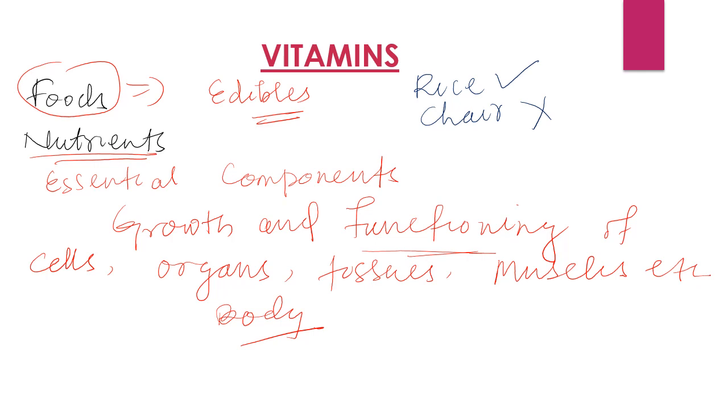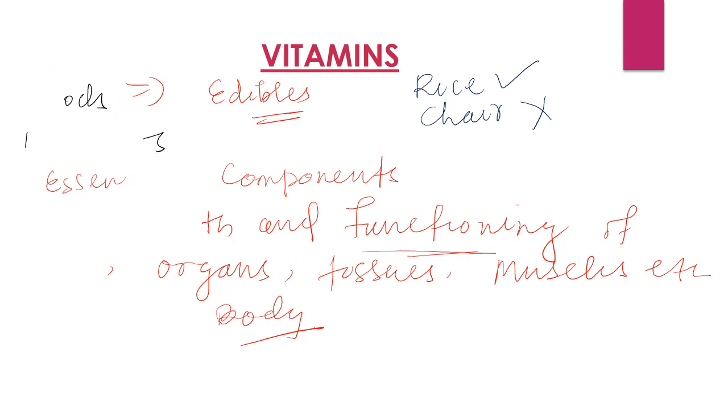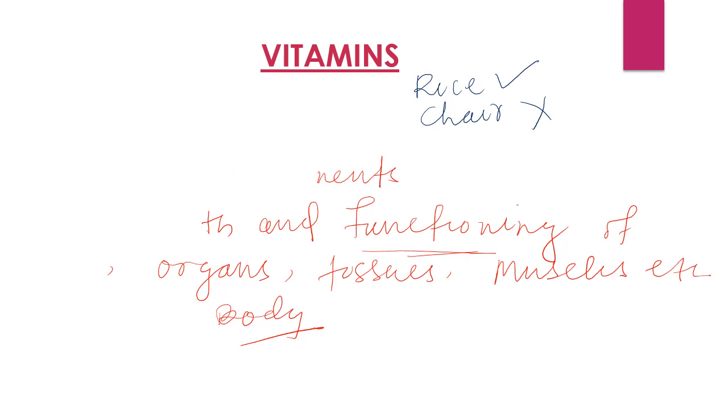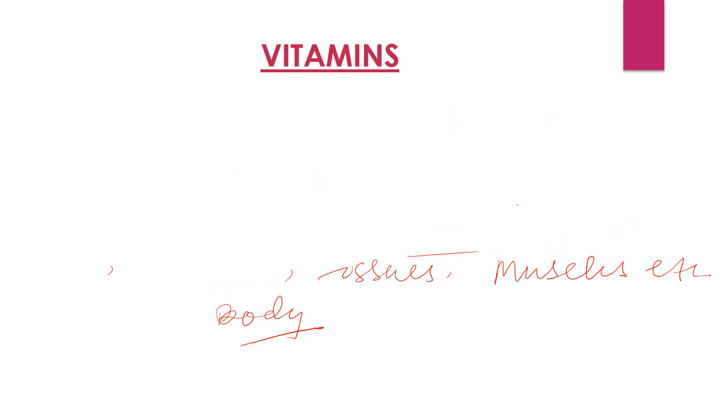Nutrients are of six types. The first one is carbohydrates.